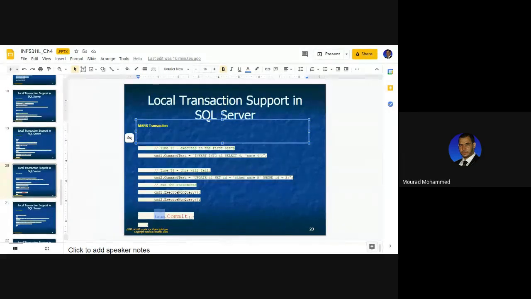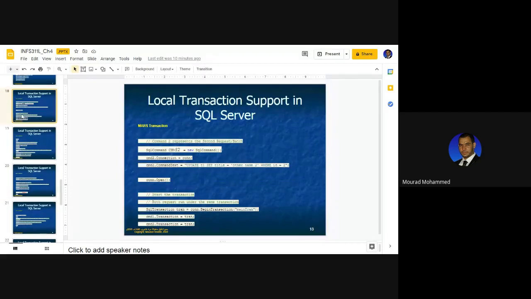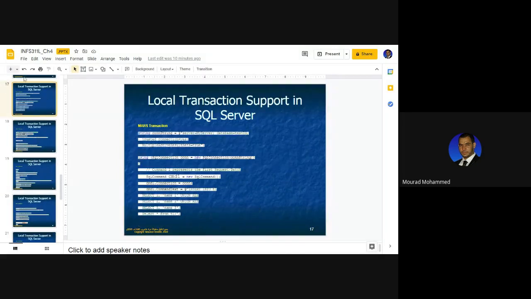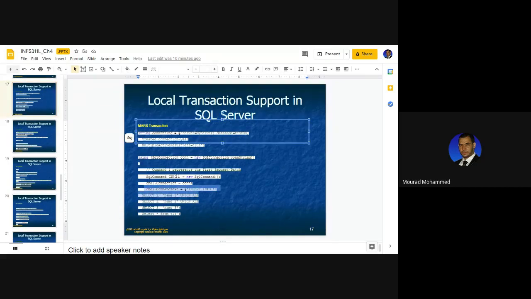Why? Because it has more than one result set, which is more than one command, and each command has more than one query. We come back to the beginning. Slide before. Command 1 is a SQL command.